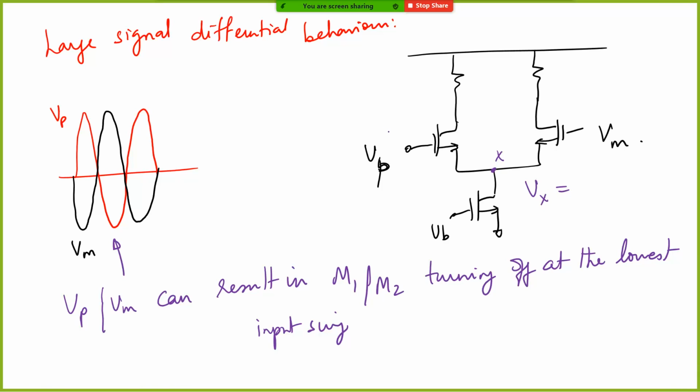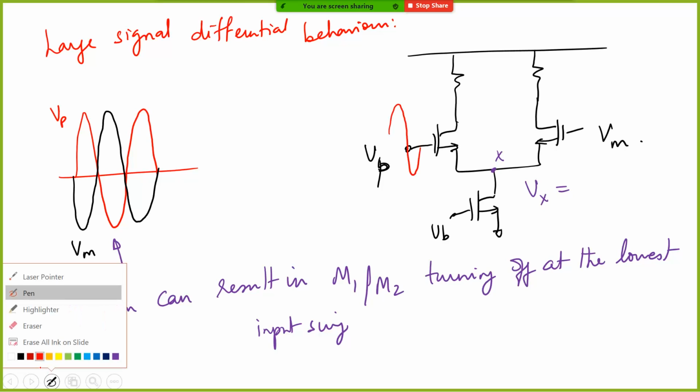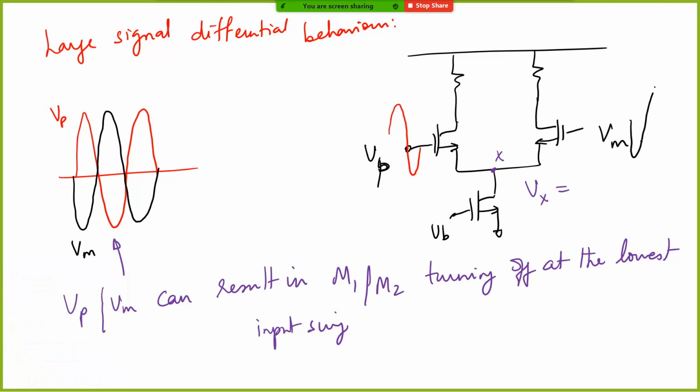Basically, this is going up and down like this, and this part is going down and then up like this. Okay, this Vx is the midpoint between the two. If you write a KVL equation from Vp, Vx, and Vm, you will see that Vx is nothing but Vp plus Vm by 2. It's the average point, or rather, it's the midpoint of Vp and Vm. Okay, so this node Vx remains unchanged when you have signal swing. Okay, and so what happens is the current is the same.